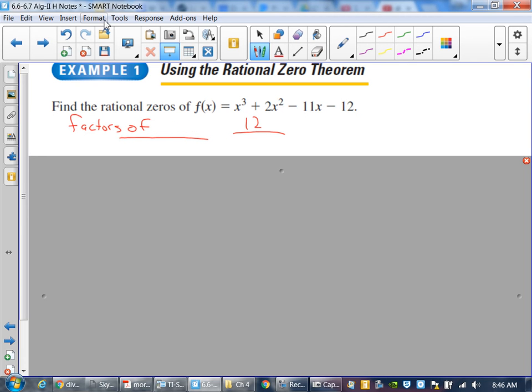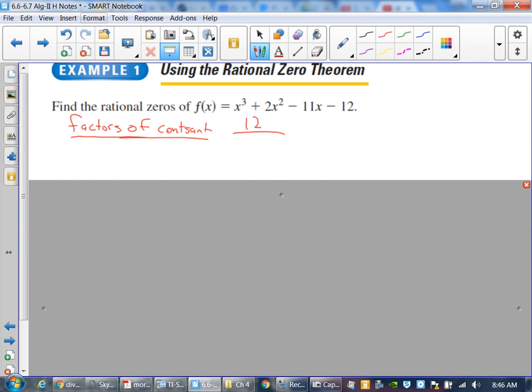Factors of constant over the factors of lead term. Because my leading term coefficient is 1. So basically what I'm doing here is I'm going to start fishing for zeros.